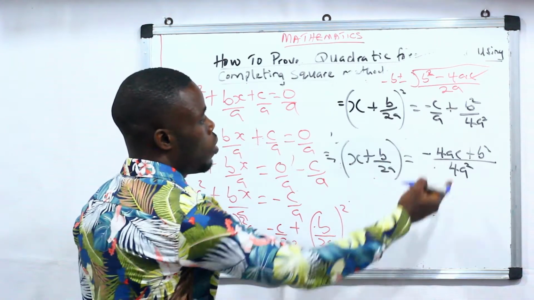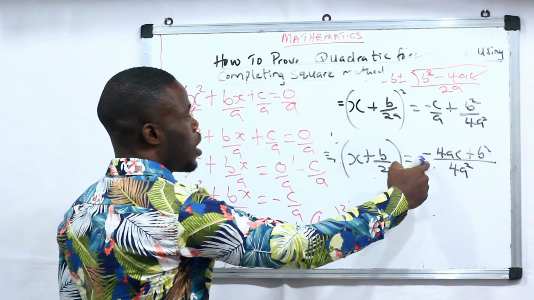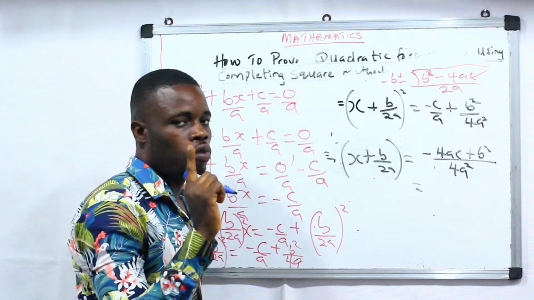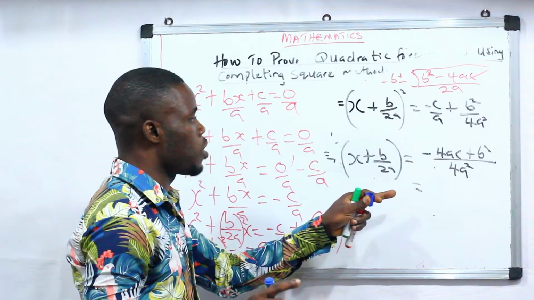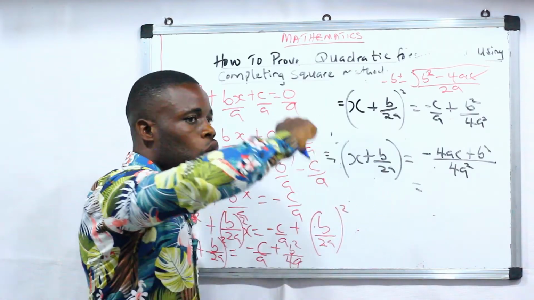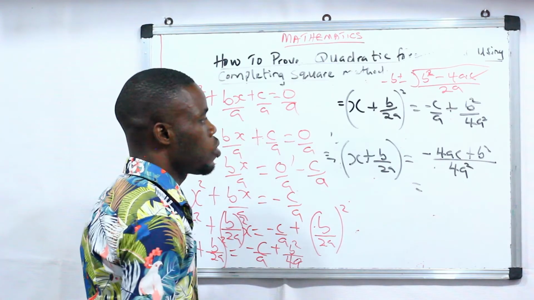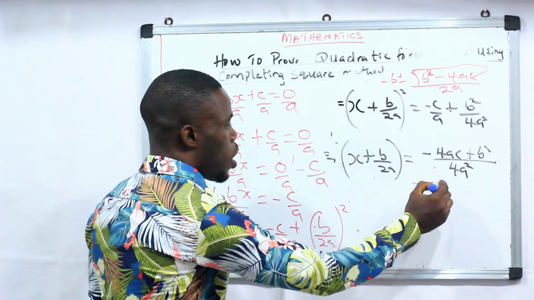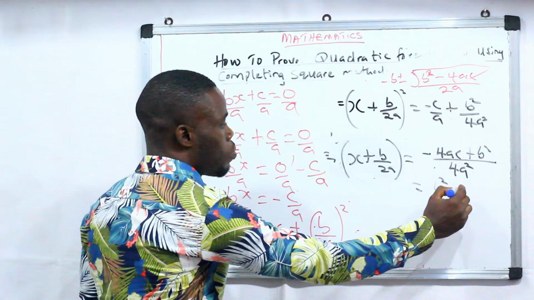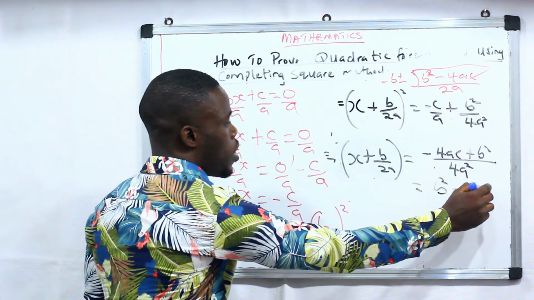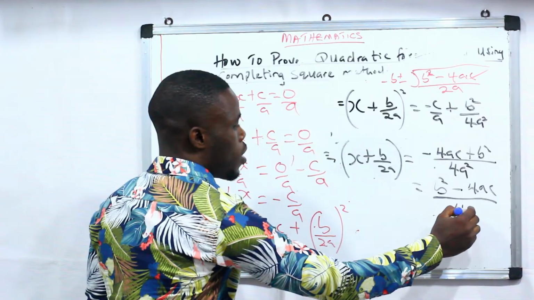So therefore, we are going to bring this b square to the other side. We want to make use of one sign. So b square comes first, then minus 4ac over 4a square.